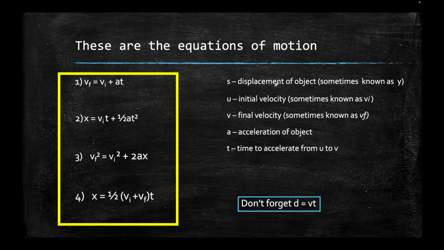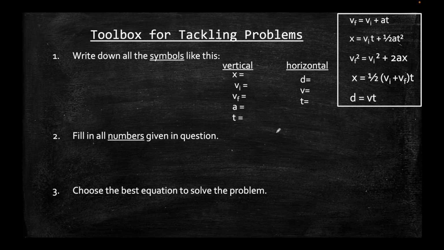So these are some of the meanings of this. Displacement, starting velocity, final velocity, acceleration, the time. It's a little toolbox that we would use to solve. So I've got the little equations over here. These are for the vertical. This is for the horizontal. So I'll split it up. Vertical and horizontal. You fill in all the numbers that you are given in the question. In fact, sometimes you will not be given a number.